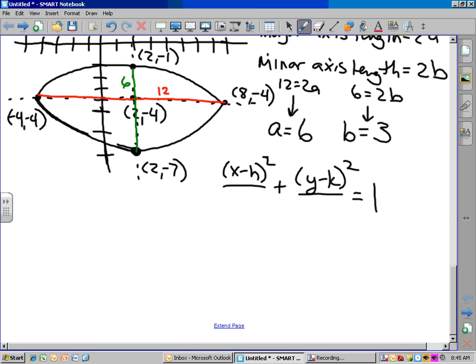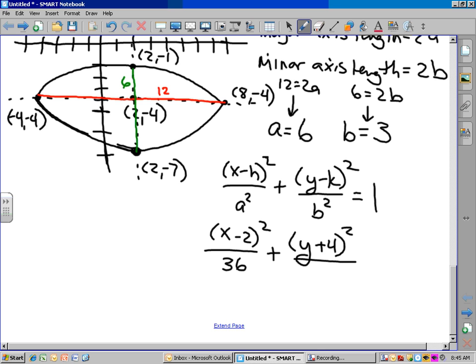Okay, so the a squared goes under x, or h, however you want to say it. X is probably a little better, the whole horizontal, right? So, (x minus 2) squared over 36, plus (y plus 4) squared over 3 squared, which is 9.